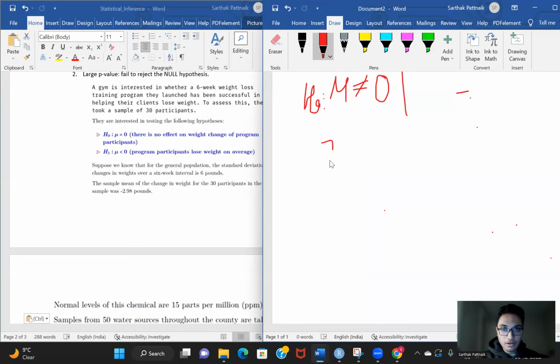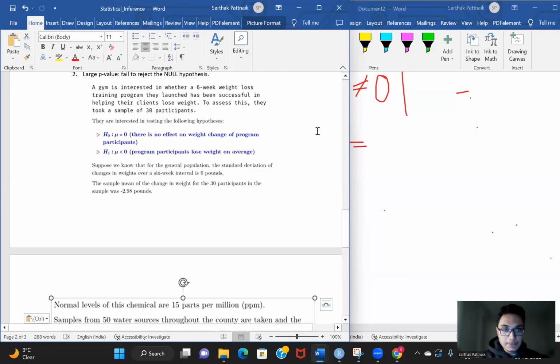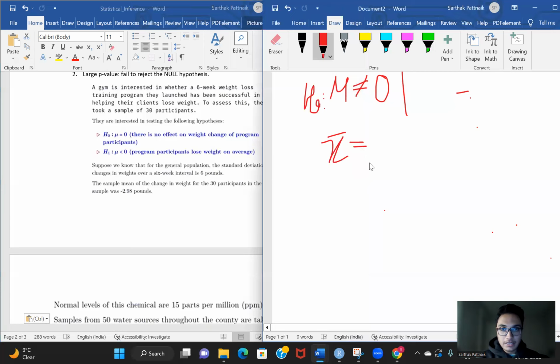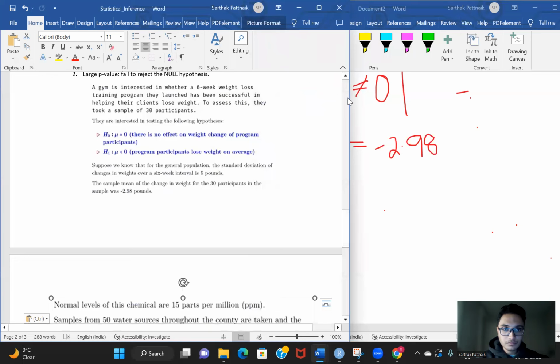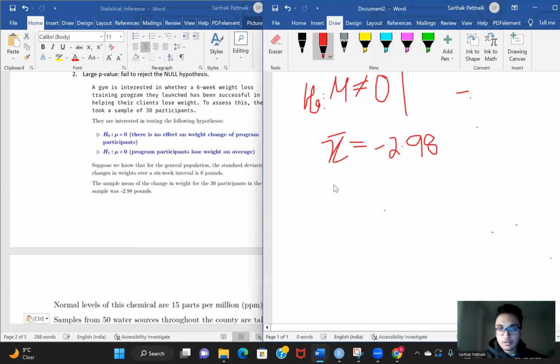Value of sample mean is given as minus 2.98. Number of participants is equal to 30.